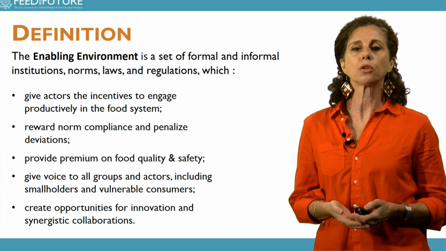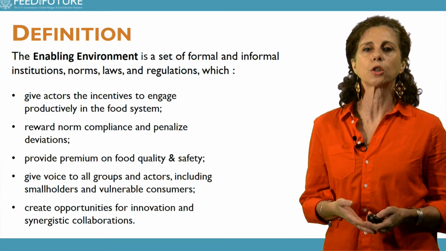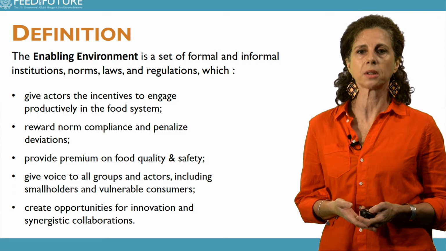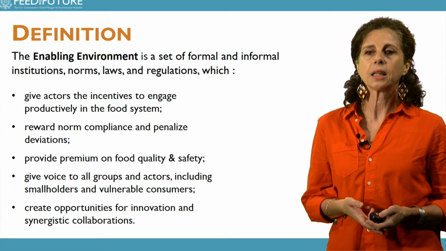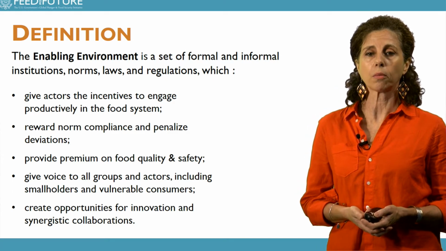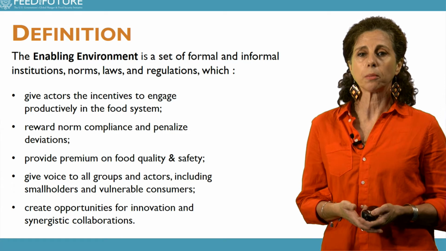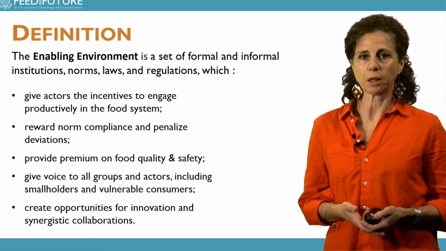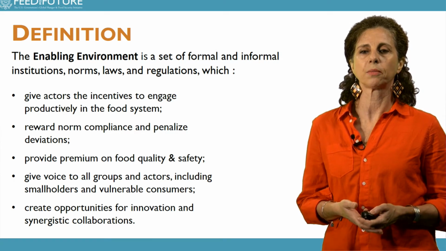There are those which give actors the incentives to engage productively in the agricultural systems. They reward norm compliance and penalize whenever there are deviations from those norms. There are incentives that provide a premium when food quality and safety are attained, but also penalize, as I said, deviations.